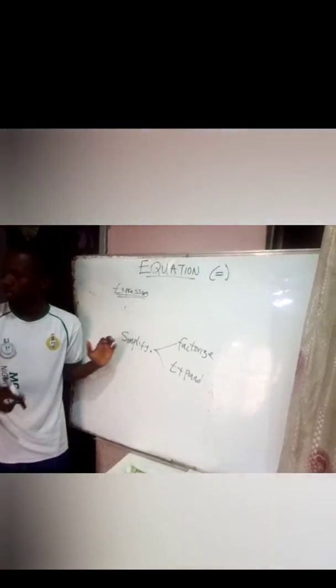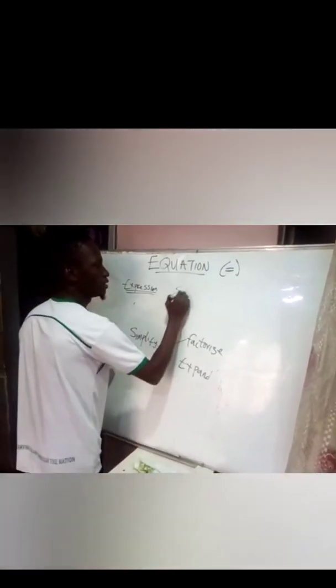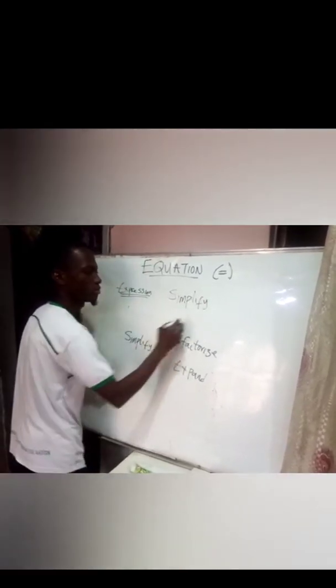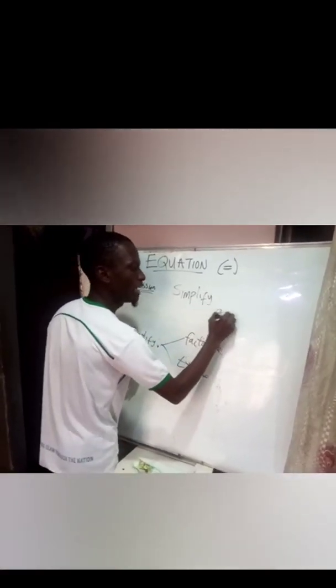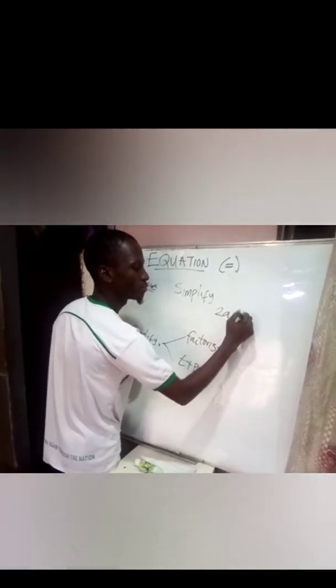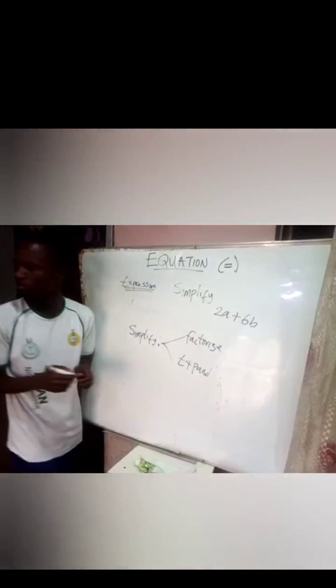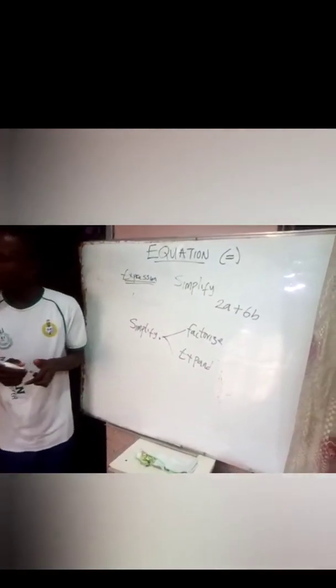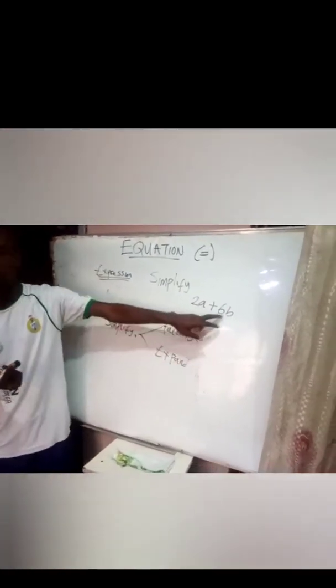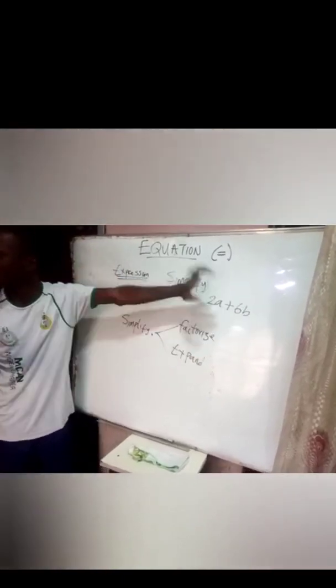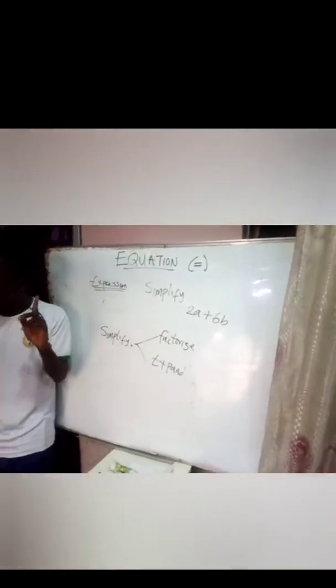Expression. If I ask you to simplify 2a plus 6b, what I ask you to do here is you factorize. You look at what is common. There is no equal to sign here, so this is an expression. Like I said, if you see an expression, two things should come to your mind.